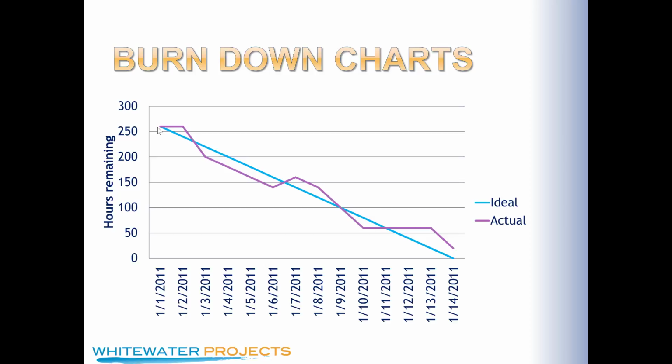Careful. They don't just subtract the hours worked from the original estimate. Every single day for cards that are in process, they update the hours remaining. That provides you an accurate estimation of the hours remaining in the sprint. You don't want to be tracking hours worked.